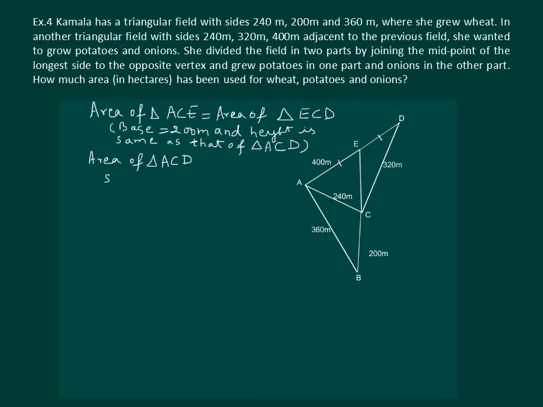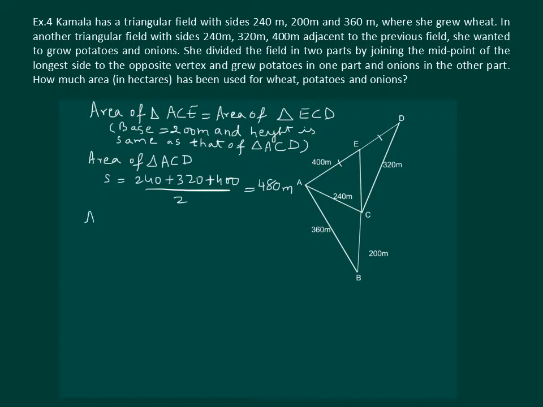We have S equal to 240 plus 320 plus 400 whole by 2. On solving we get 480 meters.